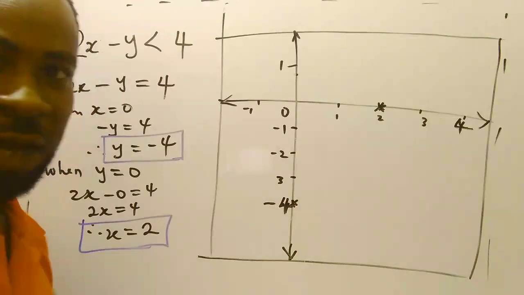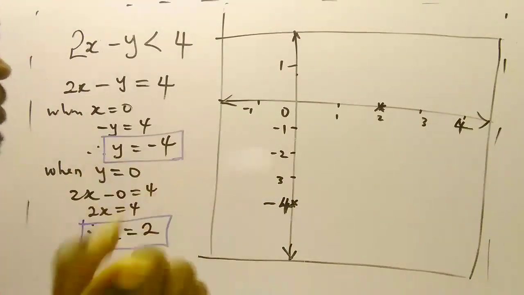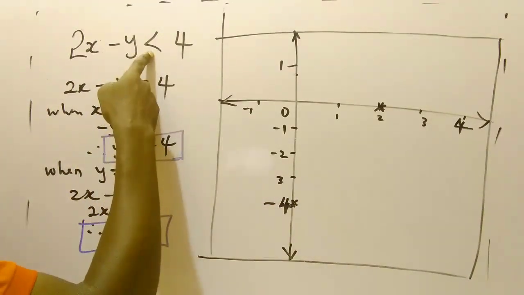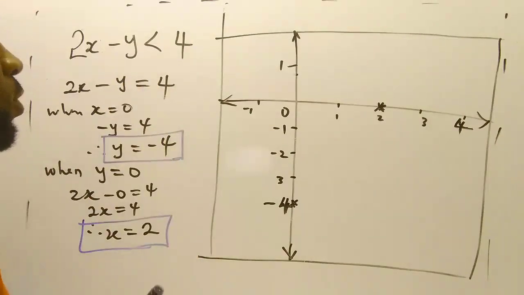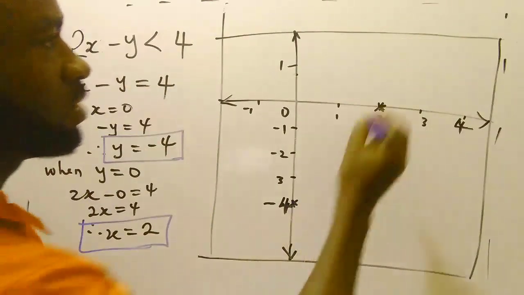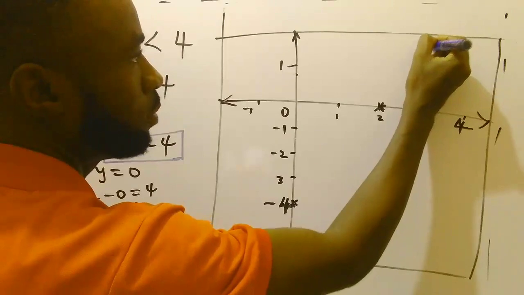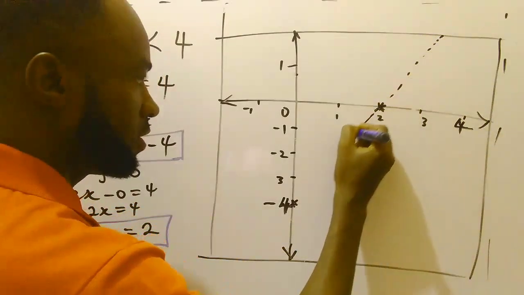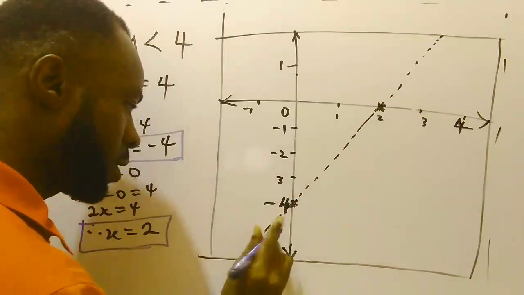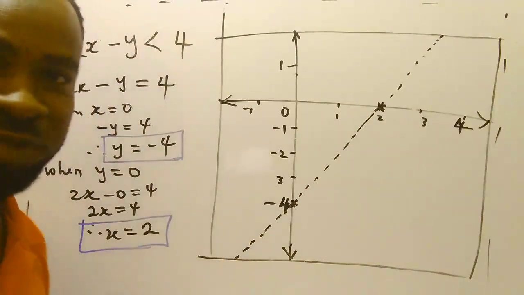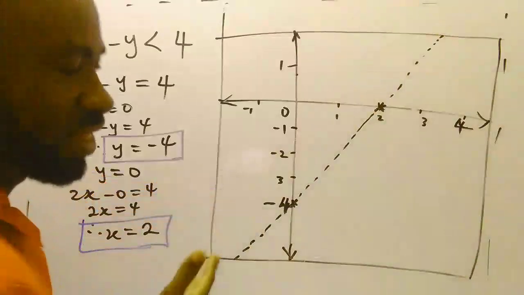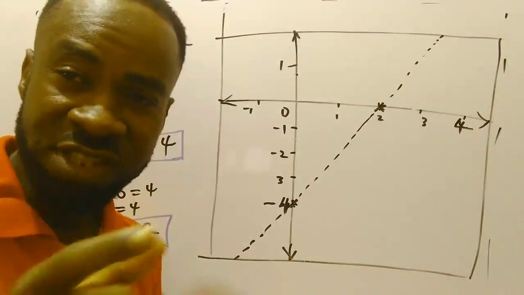Now these two points, I'm going to join them, but let's look at what is here. What is here is less than. So remember, for less than, we use a broken line. So use your broken line to join these two points. Now, what can you observe? We have a slant line. This is different from what we did before.